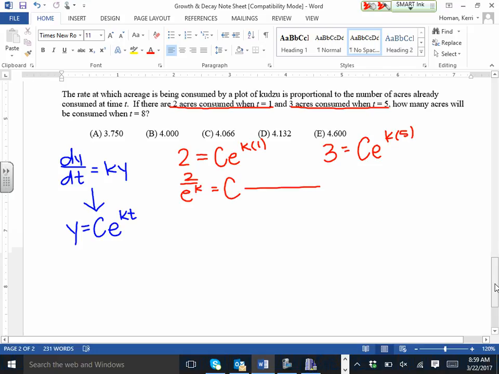Then we can come over here and plug that in. C is 2 over e to the k.